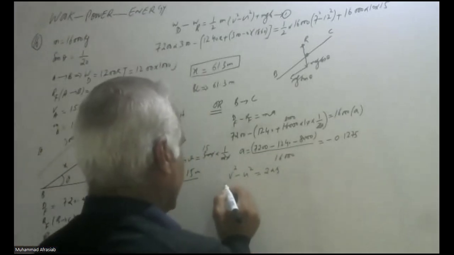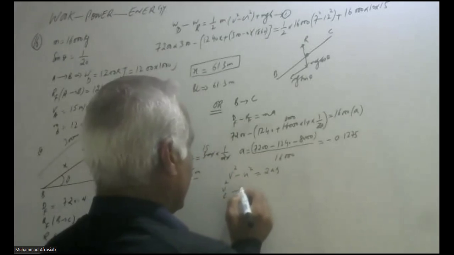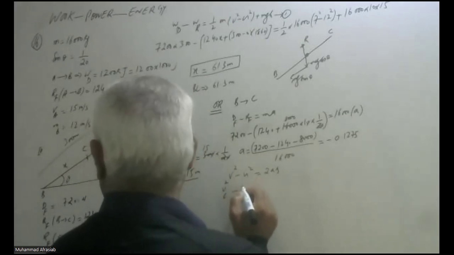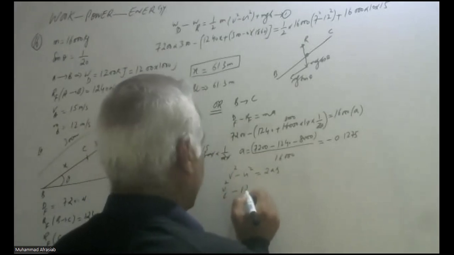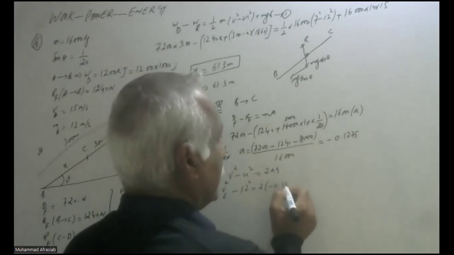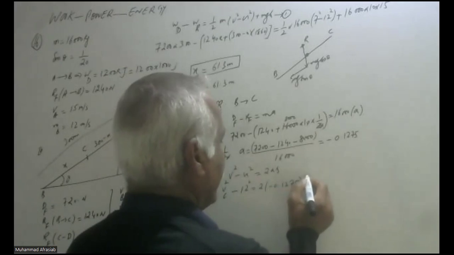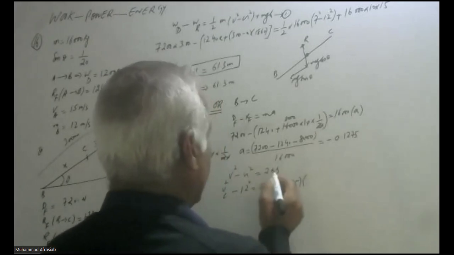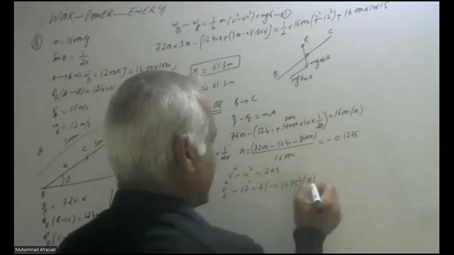So velocity at C minus at U, it is basically VC square is equal to 12 square plus 2 into acceleration, which is minus 0.1275, into the distance s, which is x.